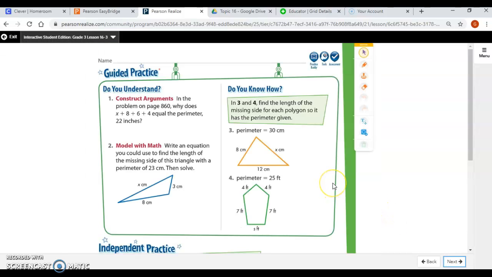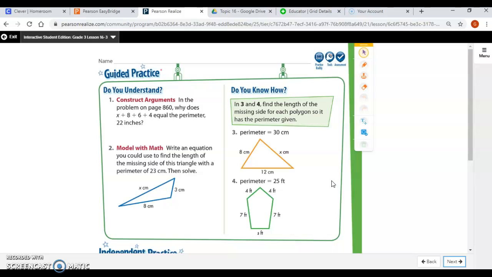All right, boys and girls, we're going to do a few more together, and after we do a few more together, you will do some on your own. So looking at numbers 3 and 4 here, find the length of the missing side for each polygon so it has the perimeter given. So it gives us the perimeter, and here it is 30. It gives us 8 and 12.